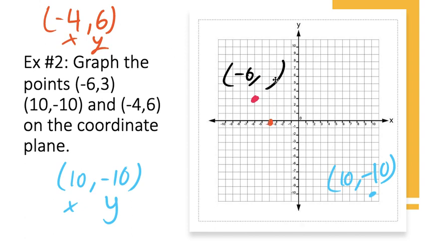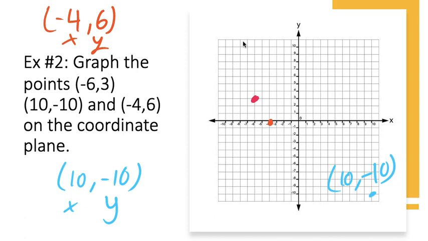We're going to go up 6, till right here. We check it. Negative 4 on the x-axis, 6 on the y-axis. And this is negative 4, 6, and this is negative 6, 3.